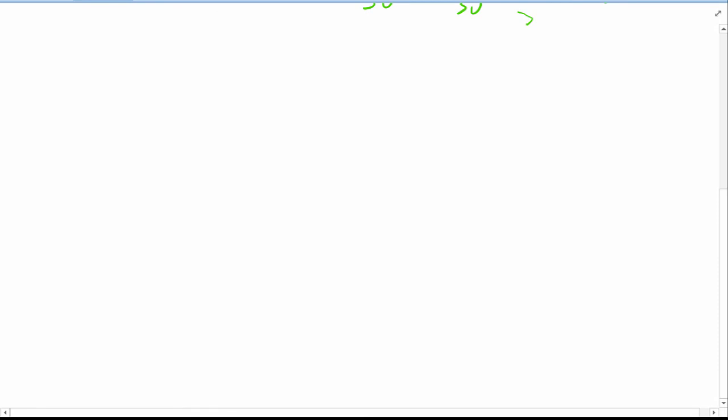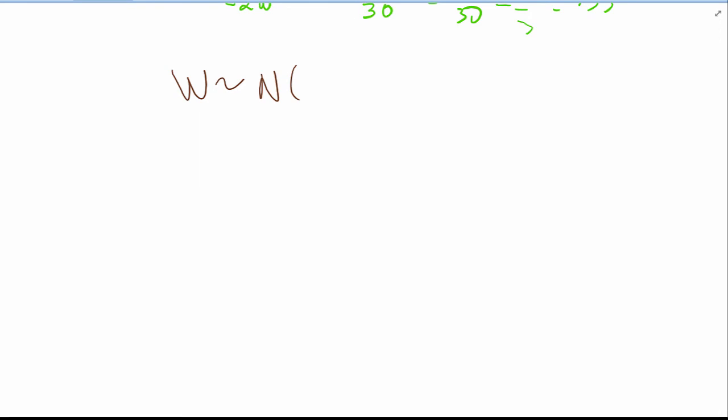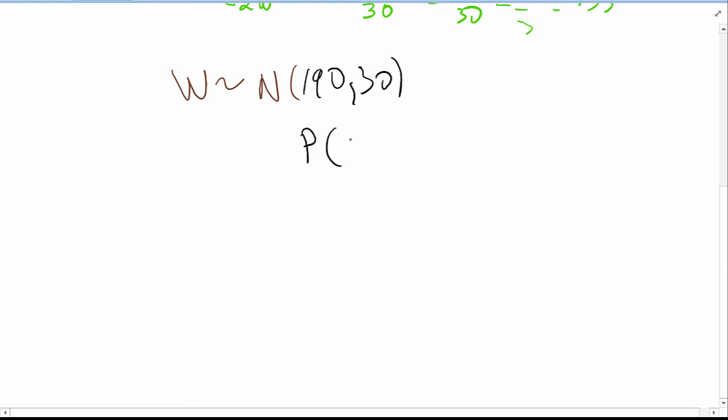So let's assume we have the same data set. Again, it's a data set of male weights that is normally distributed with a mean of 190, as we said, and a standard deviation of 30. In this case, we want to find the percentage of males that weigh between, let's say, 185 and 213.